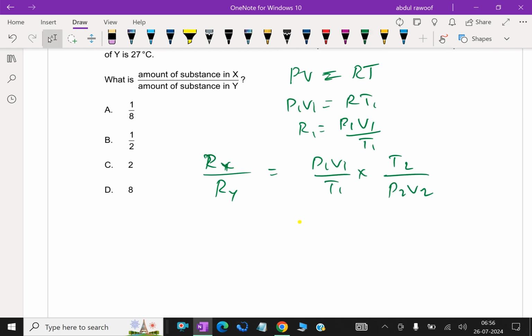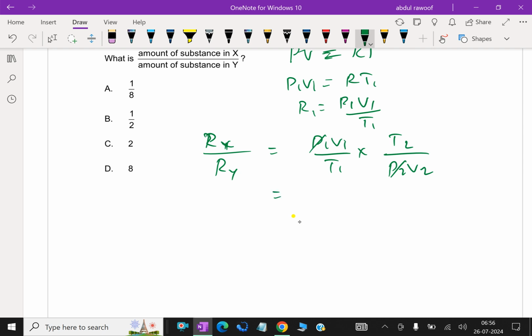Here both pressures are the same, P1 and P2 are the same. Then we will convert temperature into Kelvin.